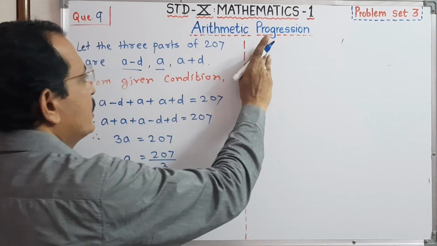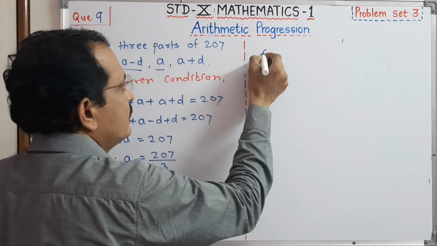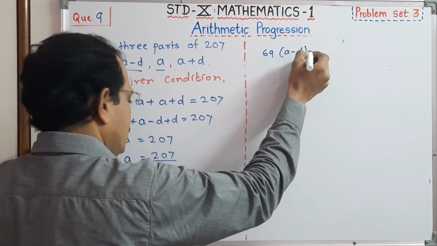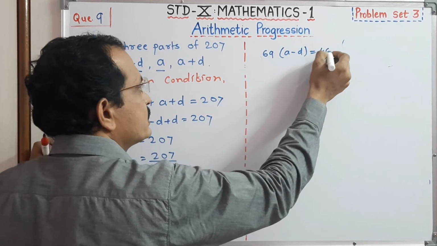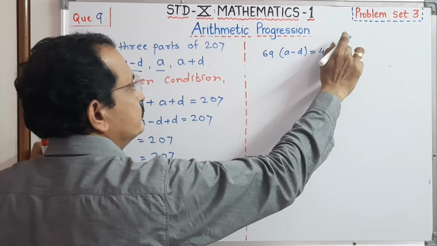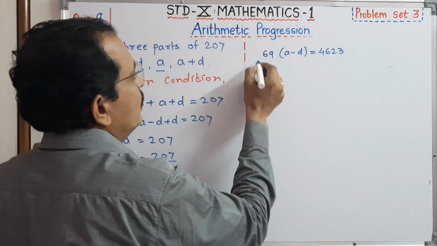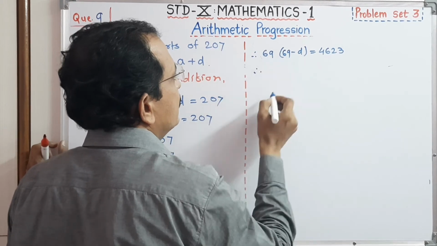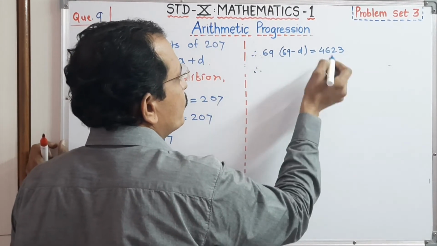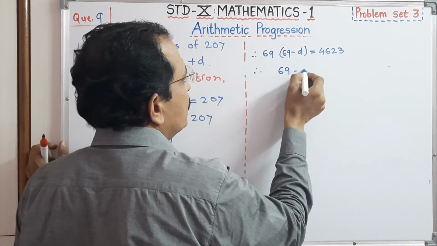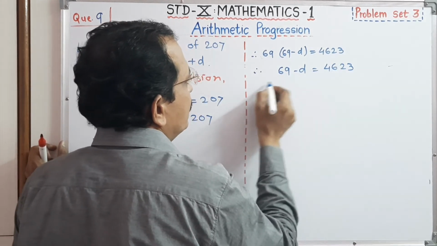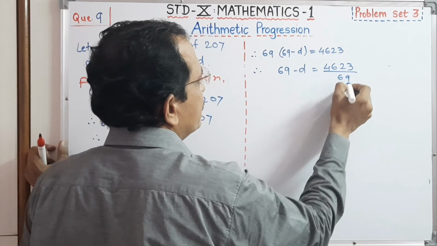Now dear student, we got here A into A - D is equal to 4623. We substitute the value of A, which is 69. 69 into (A - D) is equal to 4623. Now this 69 we have to take to the other side. 69 - D is equal to 4623 divided by 69.